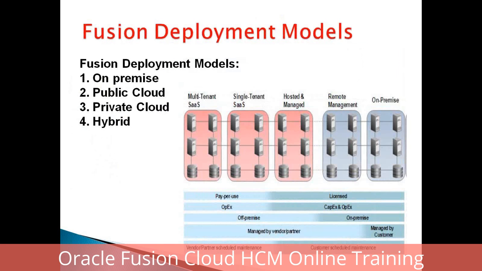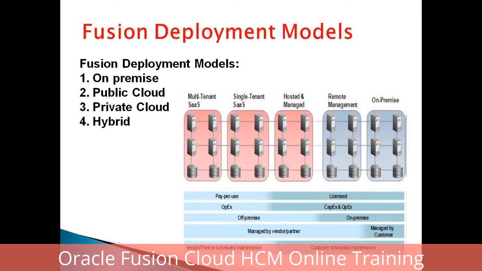And of course we talked about this multiple times in the previous slide, but just to consolidate, the deployment models available with Fusion Applications: the traditional on-premise model, still you can go ahead. Otherwise, Oracle has come out with another solution called remote management, that is called on demand.